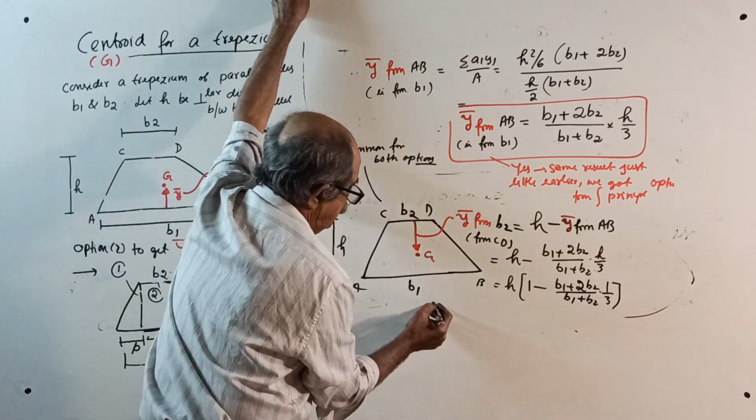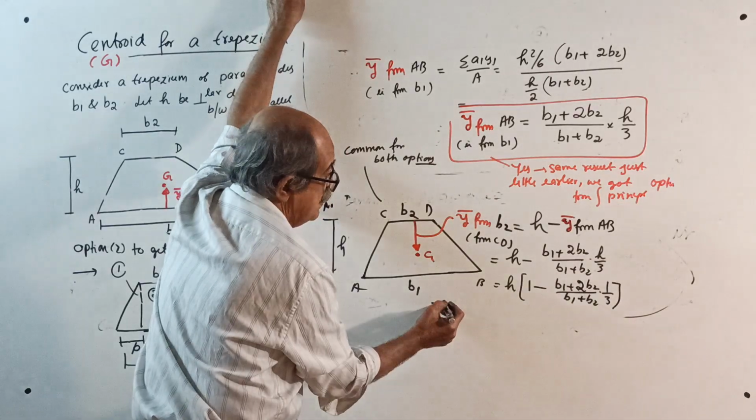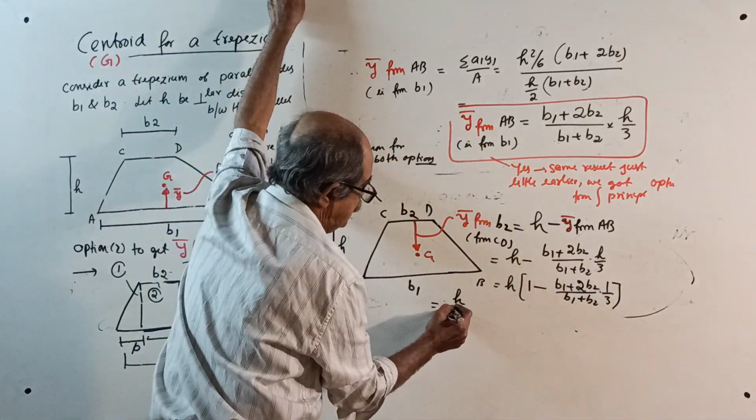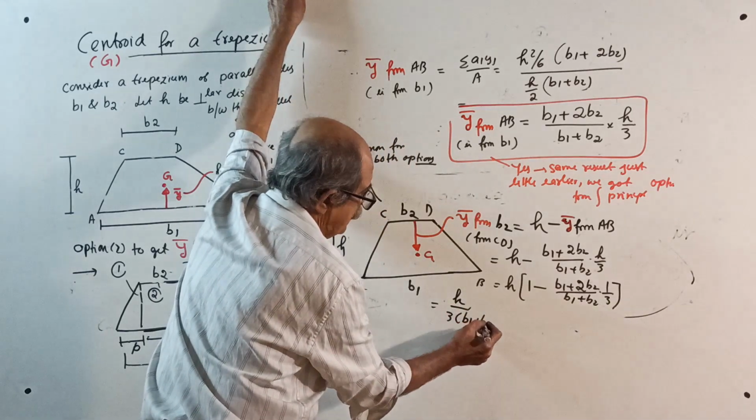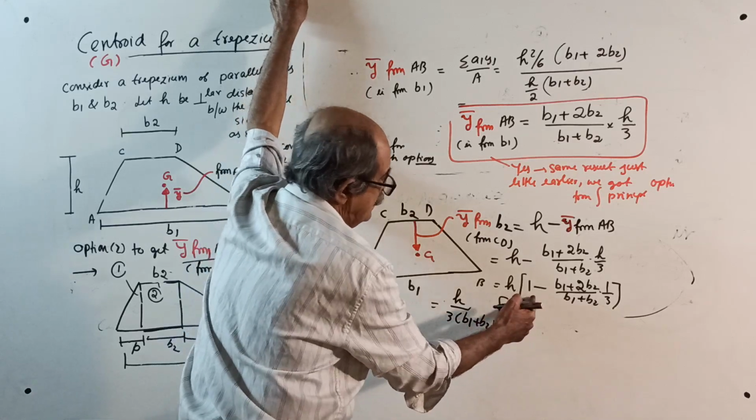Or if you take H divided by 3 into (B1 plus B2) common, it is 1.